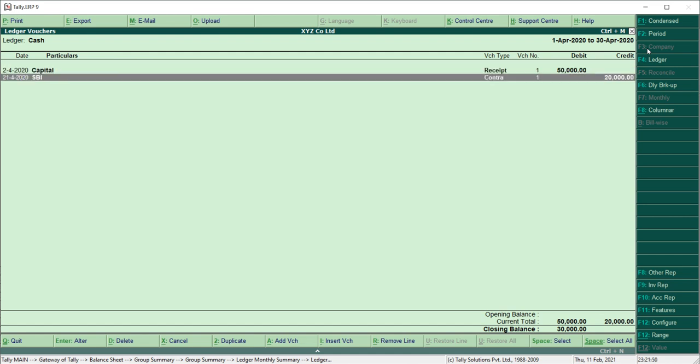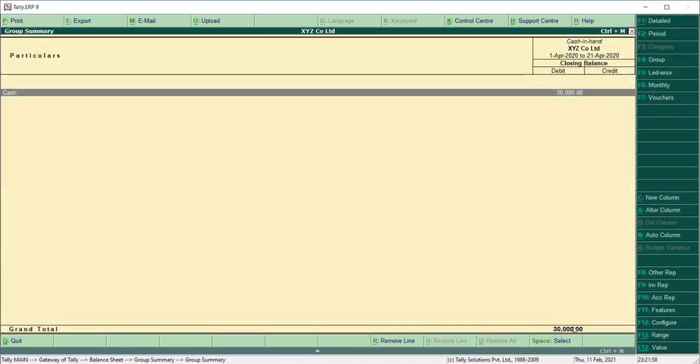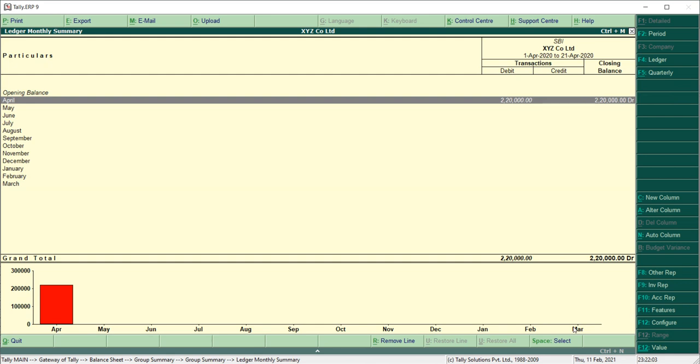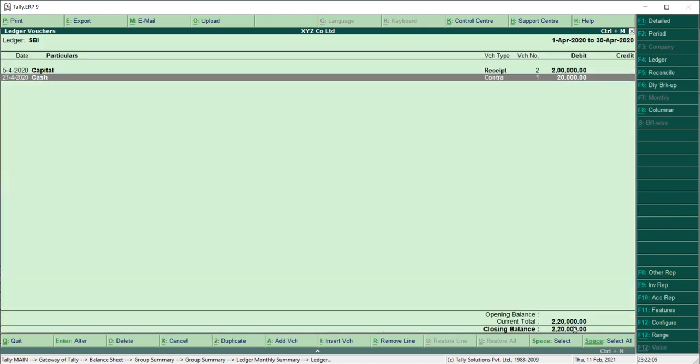So now if you look at this, the cash balance is 30,000 rupees. So where has that 20,000 rupees gone? If you go to the bank, to the SBI, we can see the same entry on 21st.